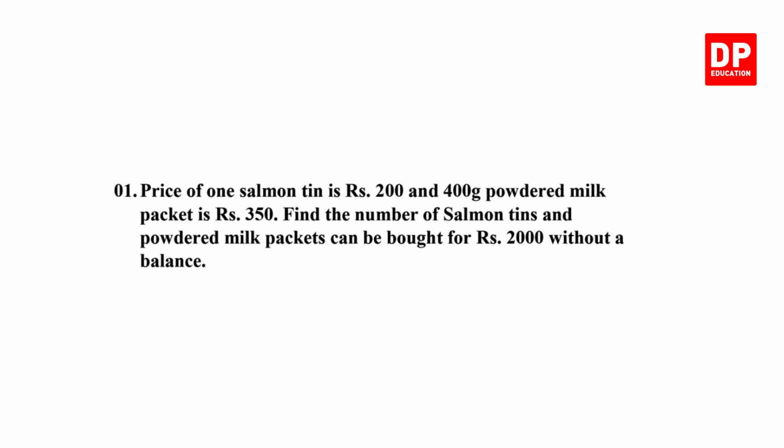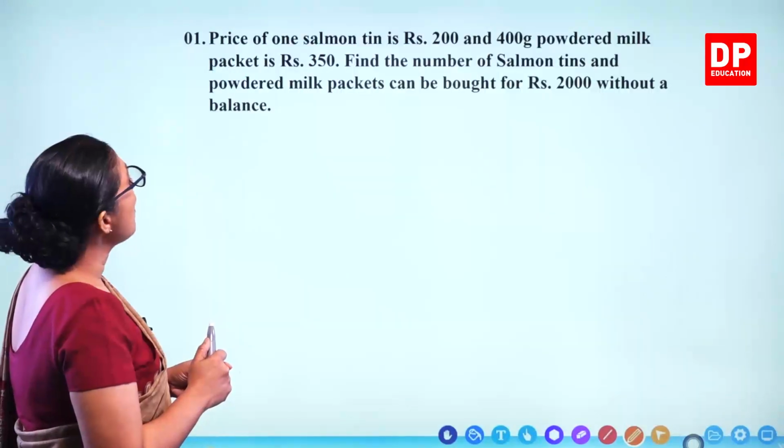Paper 1. Price of one salmon tin is 200 rupees and a 400 grams powdered milk packet is 350 rupees. Find the number of salmon tins and powdered milk packets that can be bought for 2000 rupees without a balance. So how can we find out?